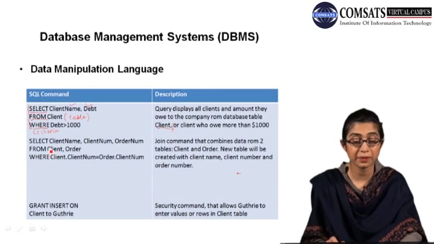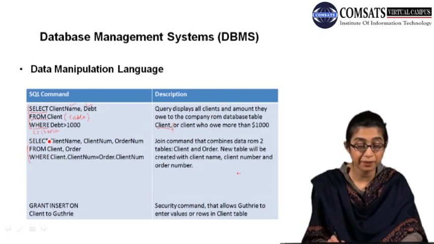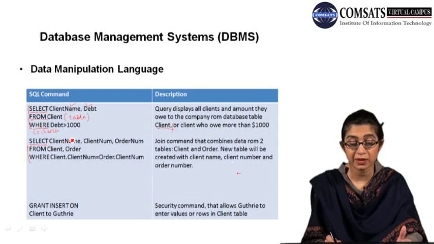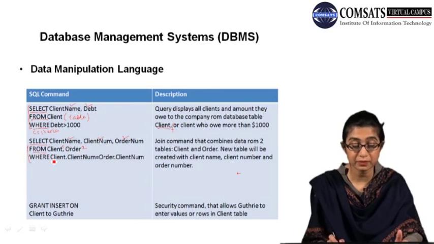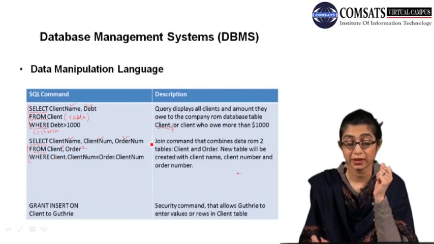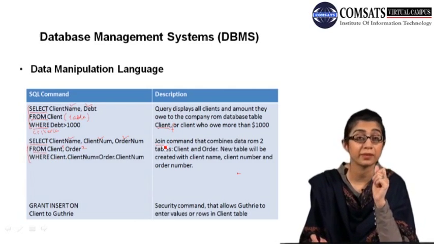Right. Next, another set of commands is this one. What is in this? We have the select, again the keyword. What are we showing? We are showing client name, client number, order number, from two tables. This is table 1 and this is table 2. So what will we do here? This is basically the joining.